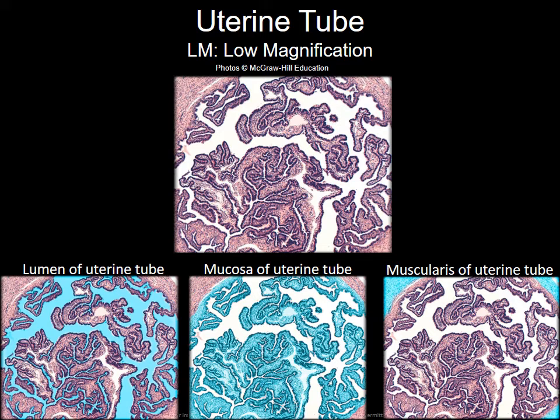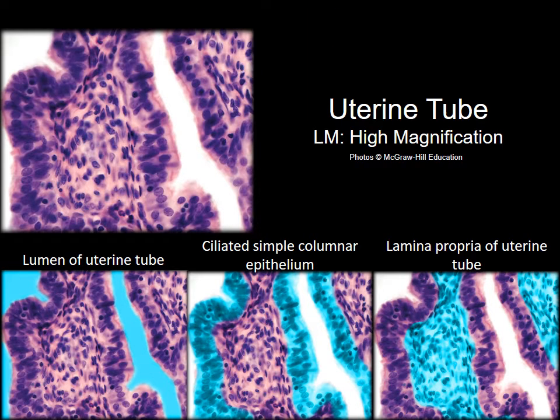Here you see the inner lining of the uterine tube and how very irregular it is, how highly folded it is. And here we see a close-up view of the columnar epithelium. Generally speaking, it's a simple columnar epithelium, and as we said, of course, it is ciliated to help create that current.